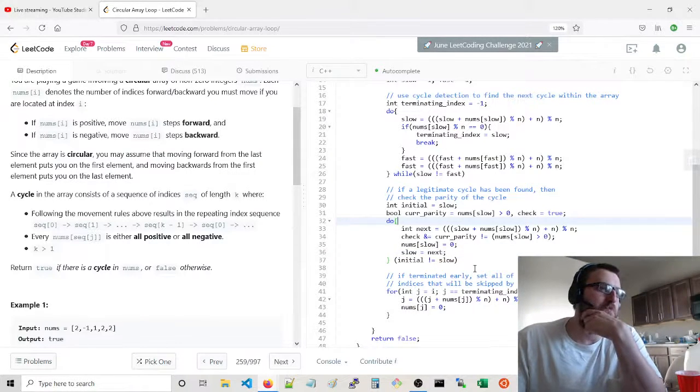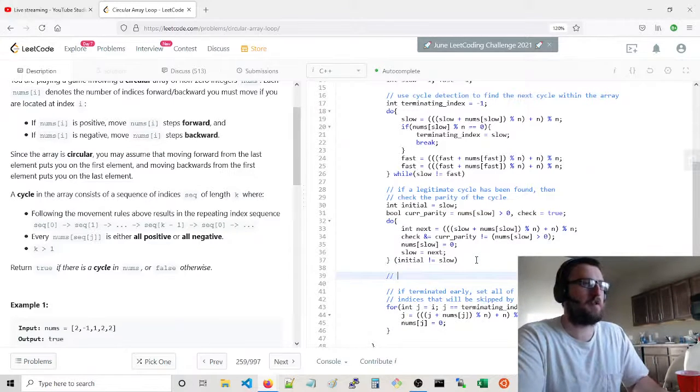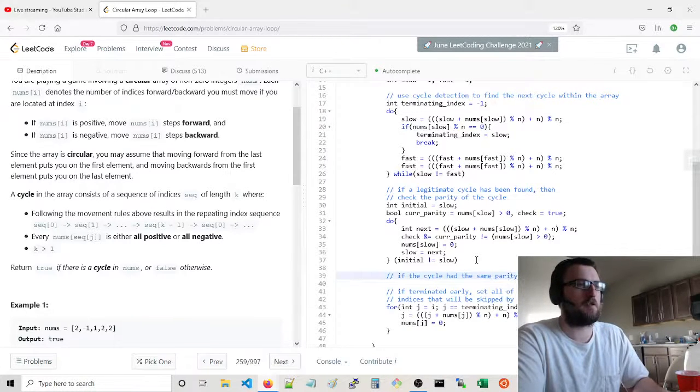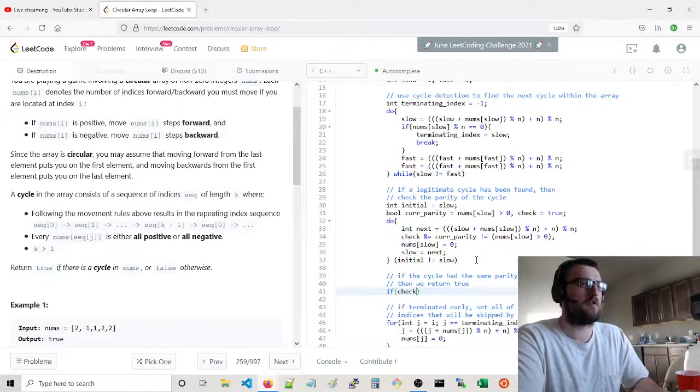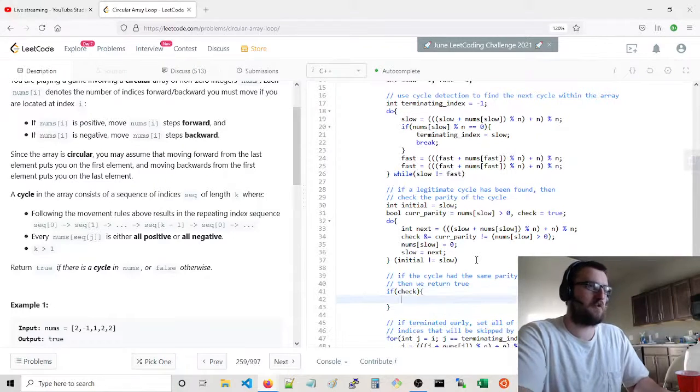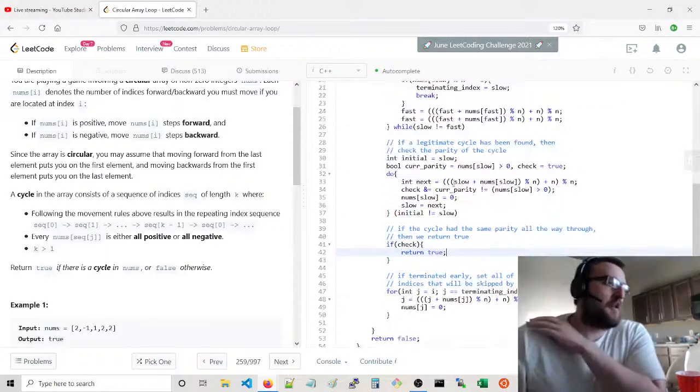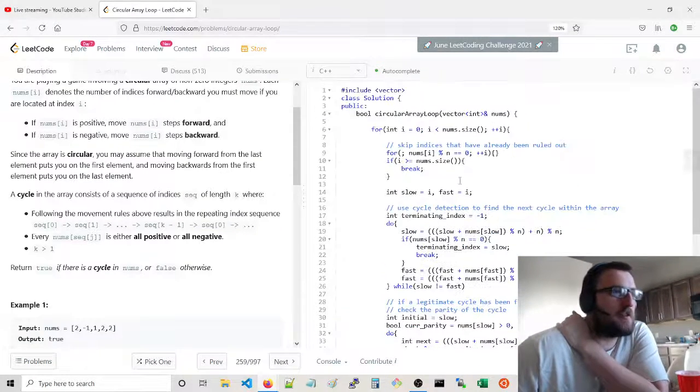Okay. And we say if the cycle had the same parity all the way through, then we return true. Alrighty, something like this should do it.